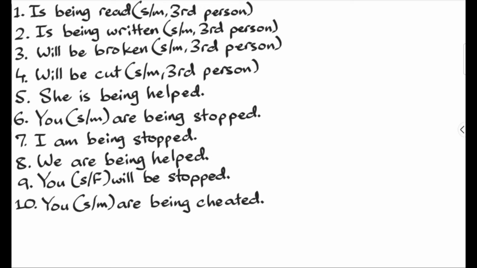So bring قرأ on the wazn of يفعل and you get يقرأ. Number 2 is being written. Write in Arabic is kataba. Bring that on majhul from the same singular male third person يفعل and you get يكتب.